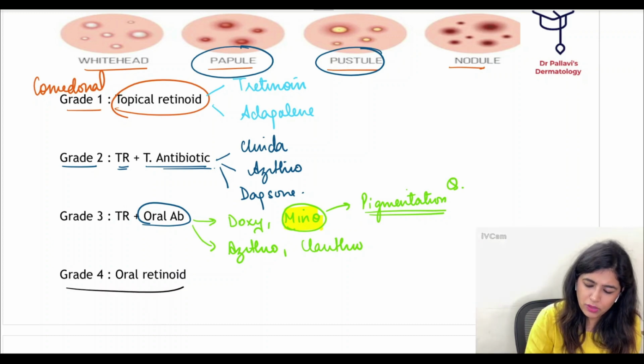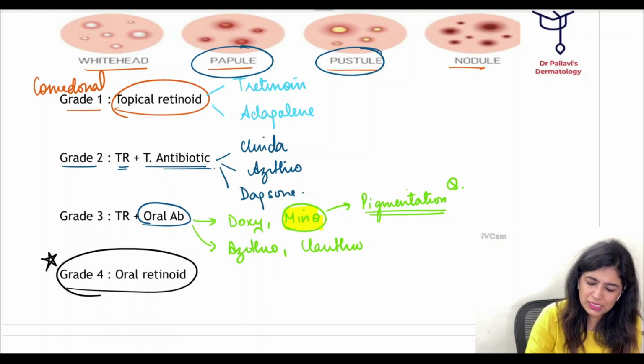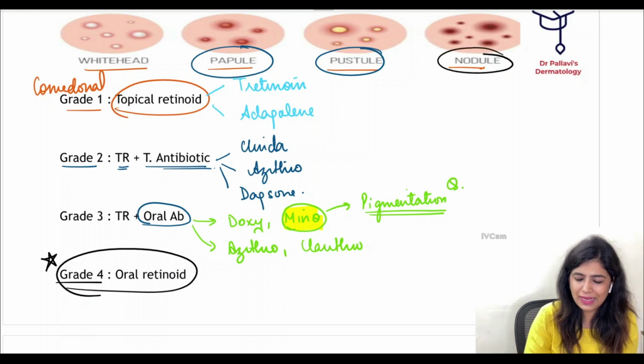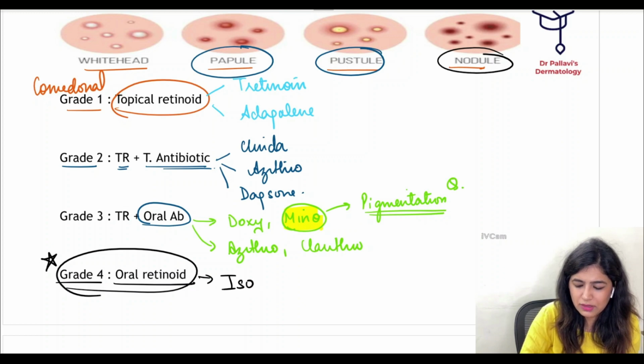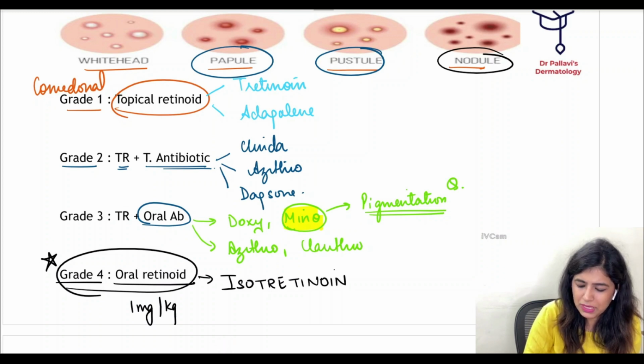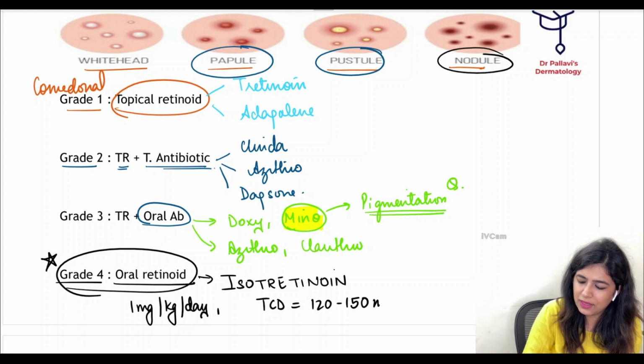And the most important and the most frequently asked question is the treatment for grade 4, which is the nodulocystic acne. The answer to that is oral retinoid. The retinoid that is used here is isotretinoin, used at a dose of 1 mg per kg per day. Total cumulative dose used is 120 to 150 mg per kg.